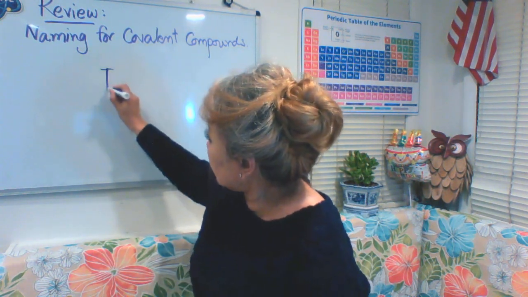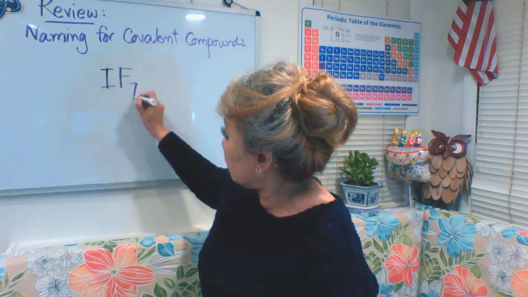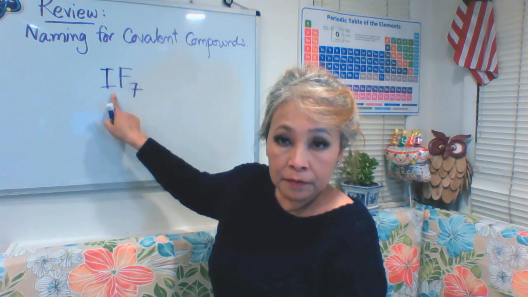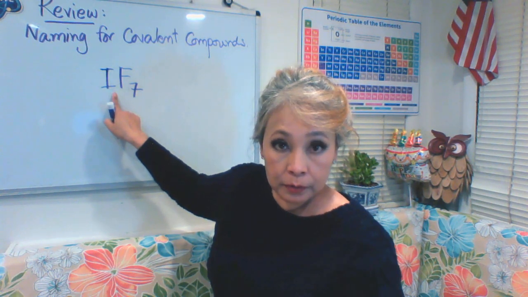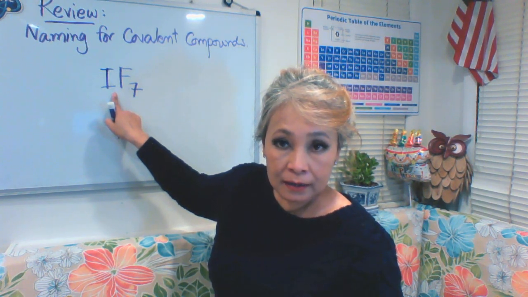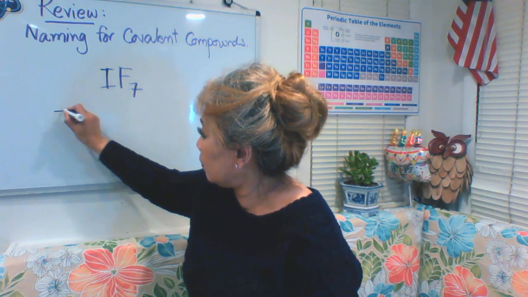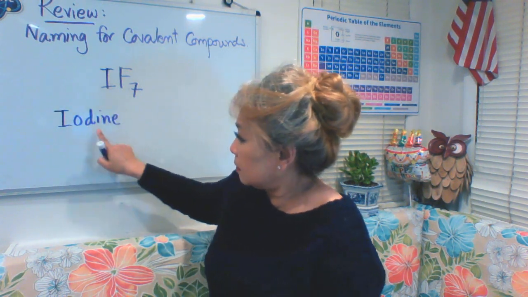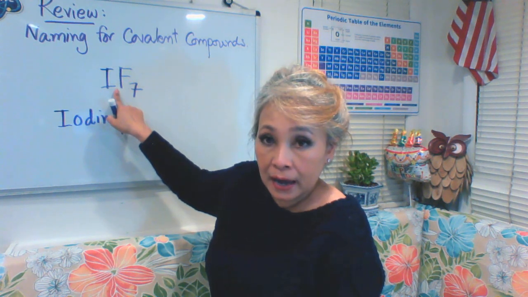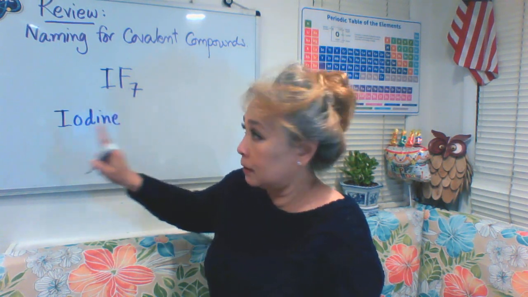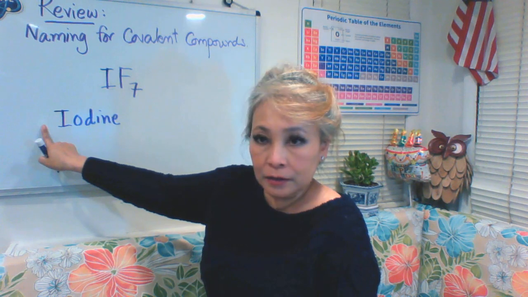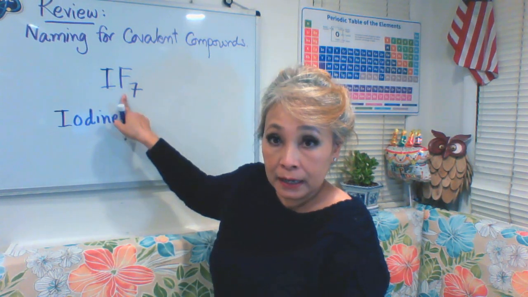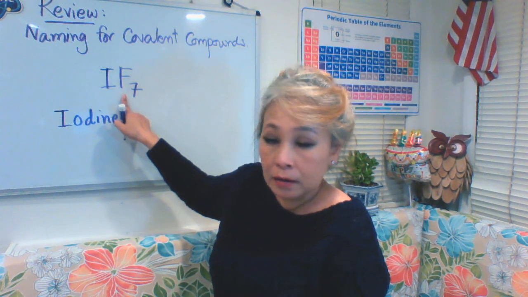Next, IF7. The first element, name following the periodic table name. What is I? I is iodine. How many atoms of I? 1. Has mono in front? No mono in front. Only iodine. F, ending with ide, fluoride.